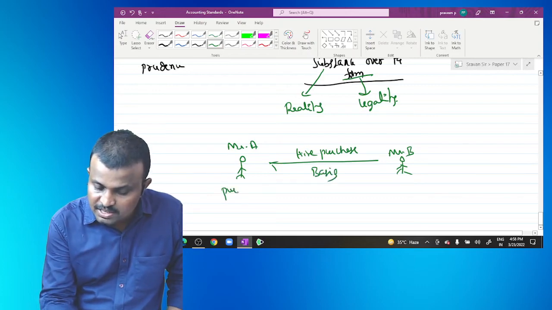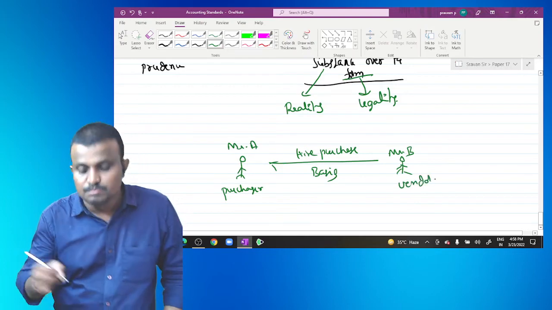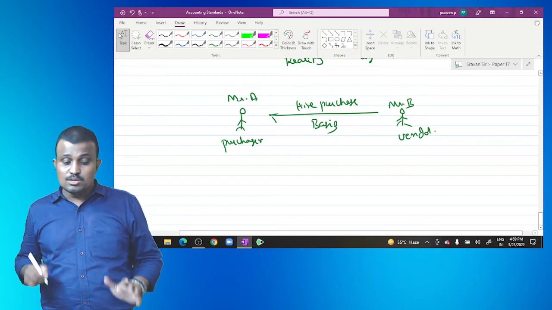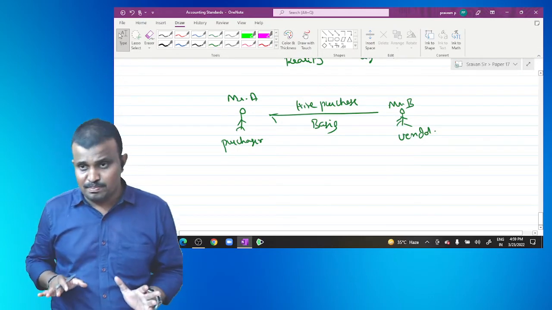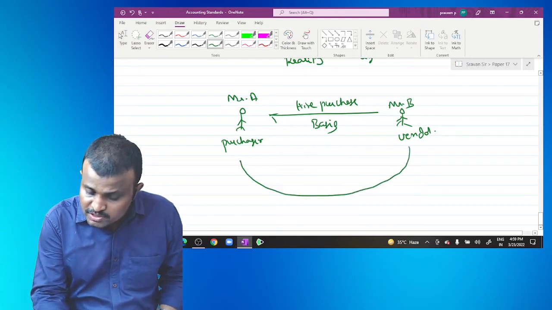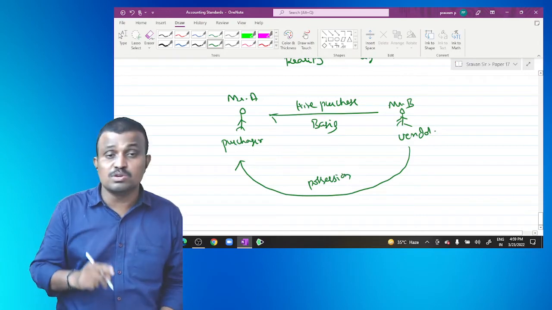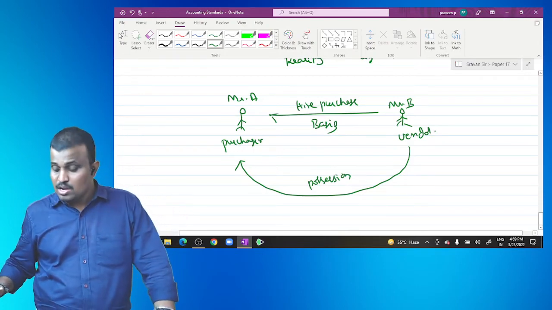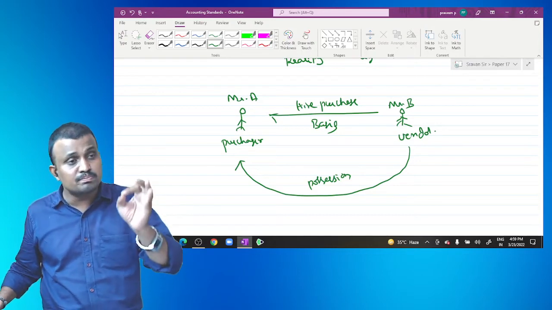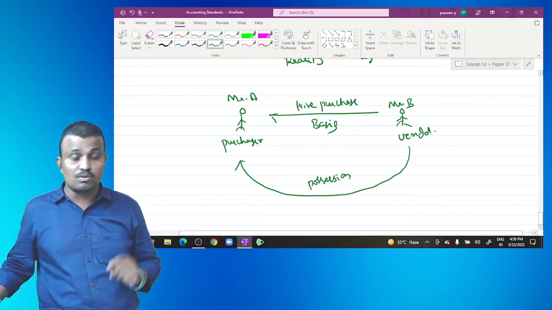He is the purchaser, and he is the vendor. Generally in hire purchase, at the time of purchase the possession of the goods is transferred without transferring the ownership. The ownership is transferred to the buyer only after making the payment of the last installment.